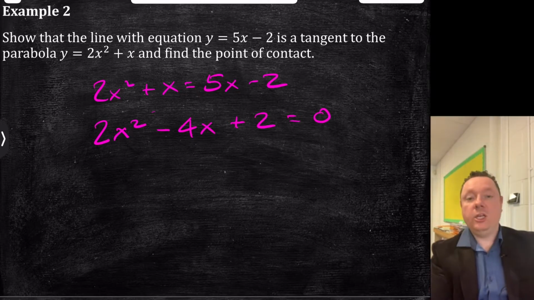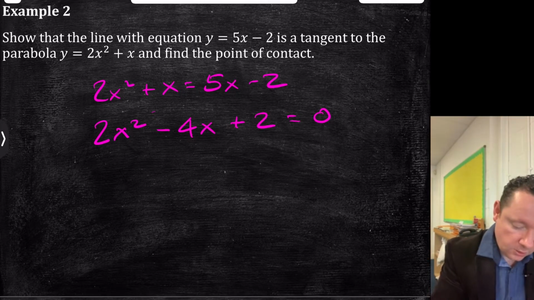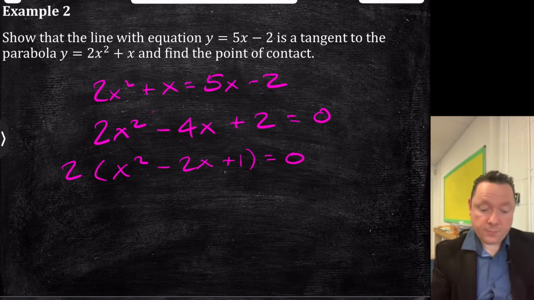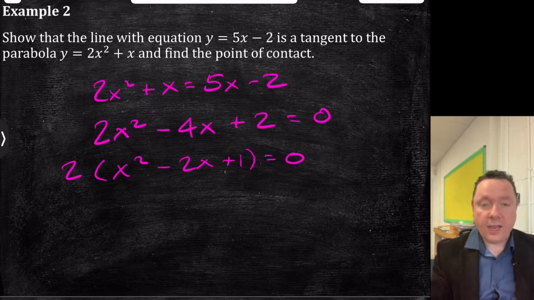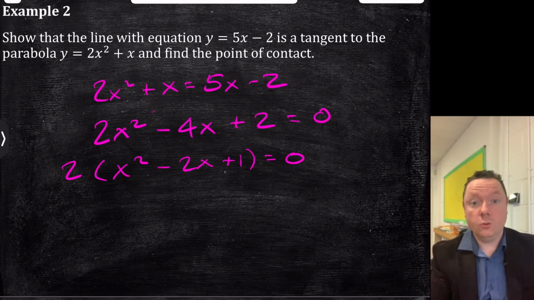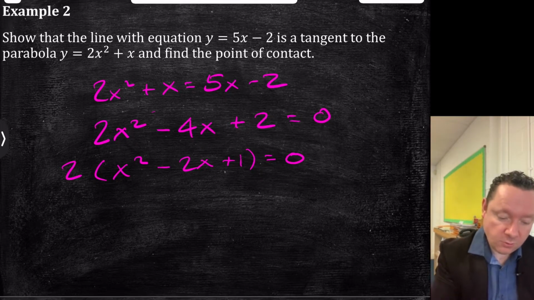And now we check, is there a common factor? Well, there is, so I can take 2 out: x squared minus 2x plus 1. To check that it's a tangent, we can check b squared minus 4ac, or just factorize it and show it has only one root. Either of the options, but since we have to find the point of contact, we might as well just go ahead and do this.